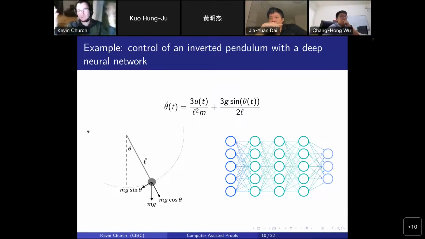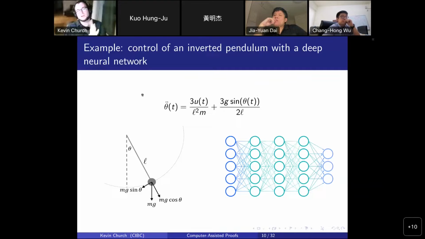One of the benchmark problems in control theory is stabilizing the inverted pendulum. So we have this ODE, basically the nonlinear pendulum with a weird scaling. You can ignore these constants, the 3, the L, the M. The L and the M are the mass and length and so on.